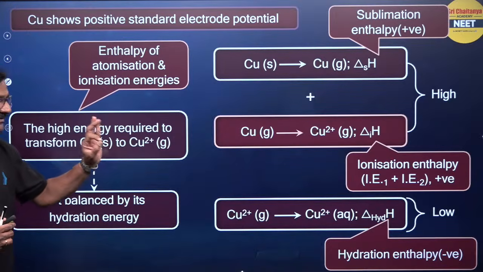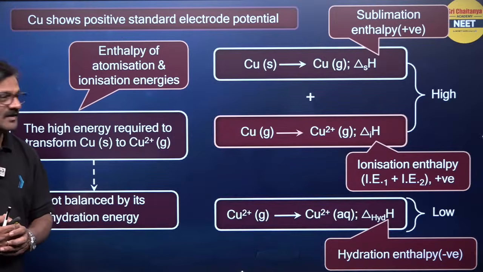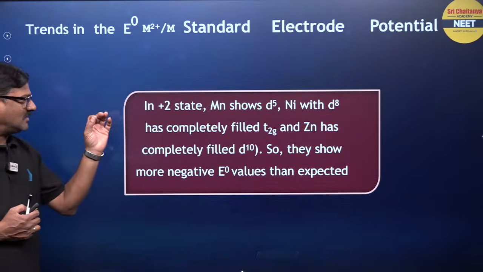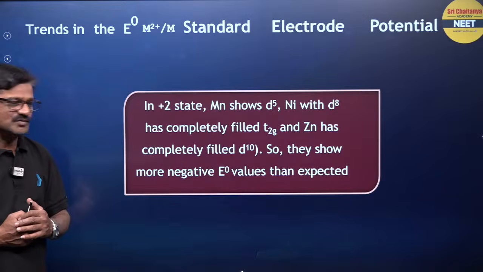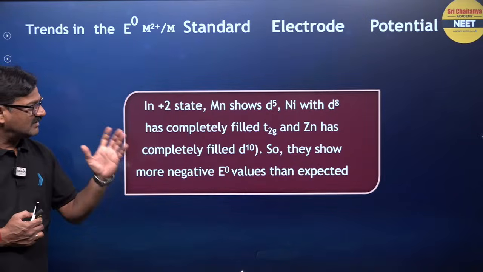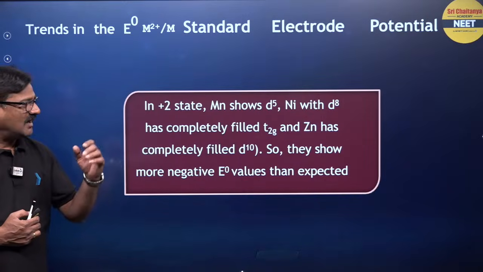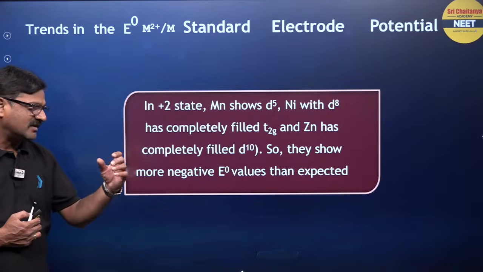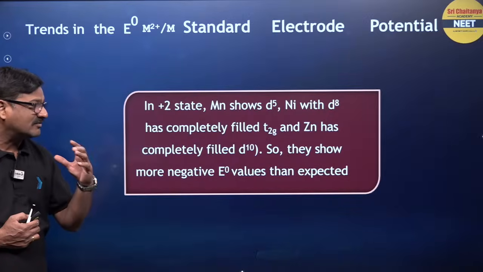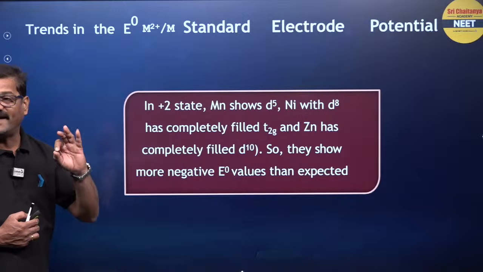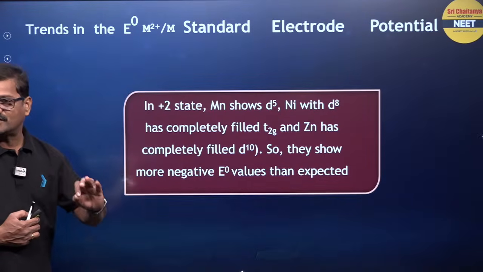That is very, very important. And children, in the +2 state, manganese shows d5 configuration, nickel with d8 has completely filled t2g and partly filled eg orbitals, and zinc has completely filled d10. So they show more negative values than expected. This is the reason for the exceptional situations.